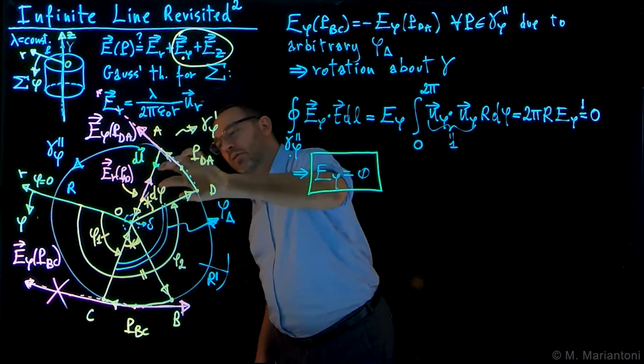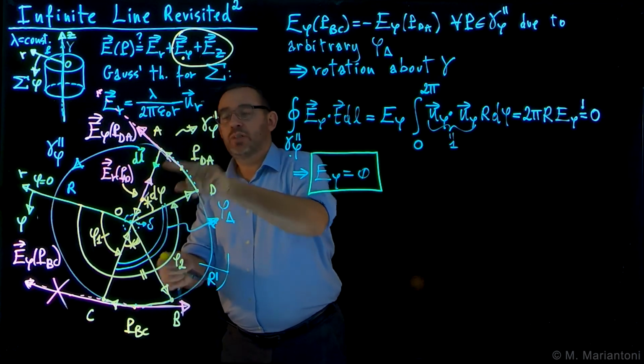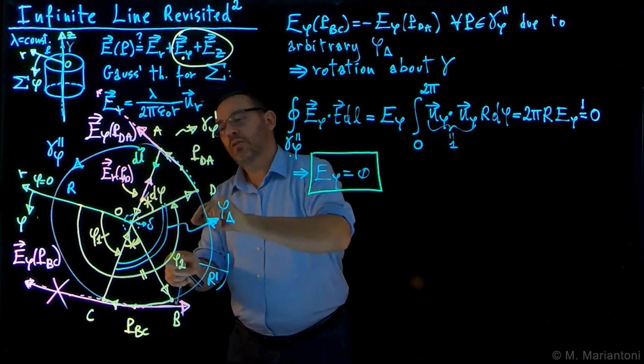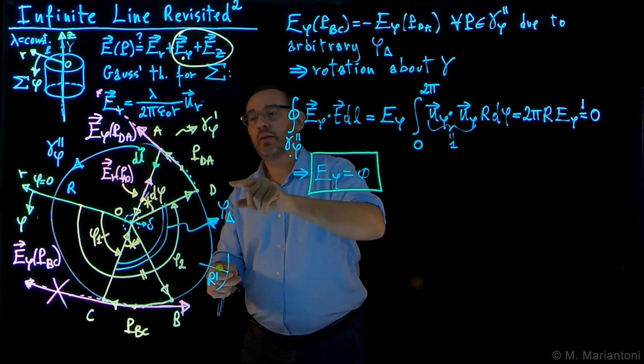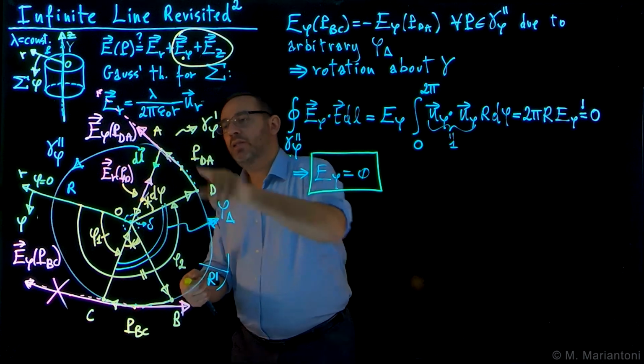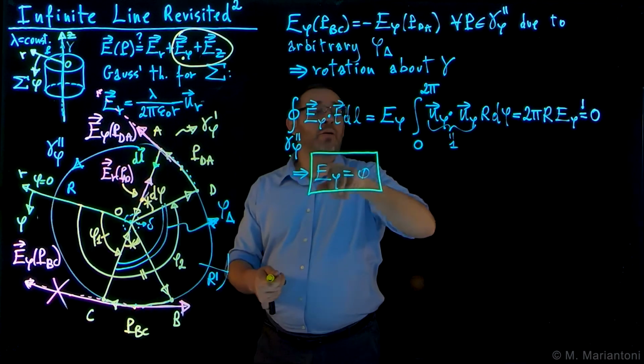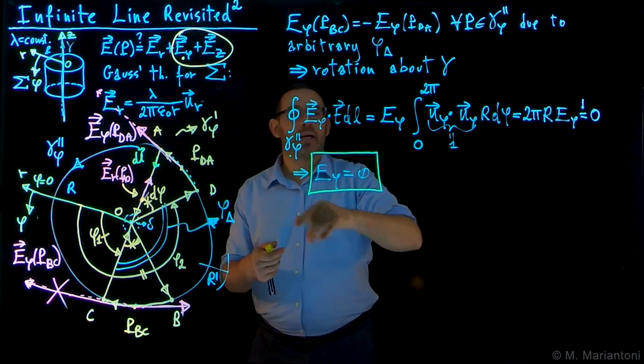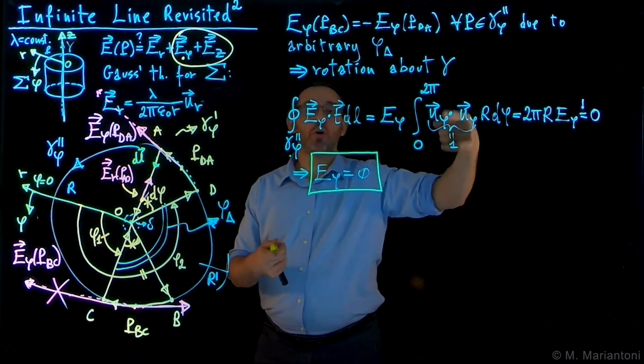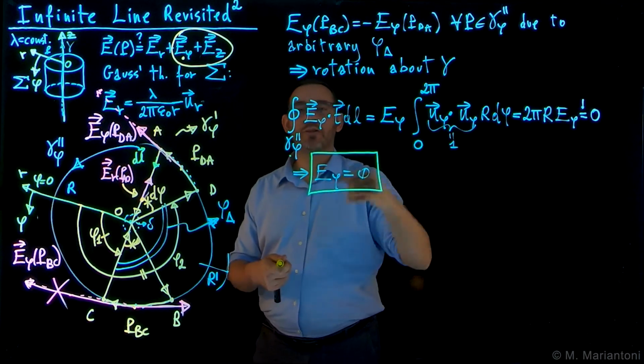One is this line here with the two wedges. We did the circulation of that, including this knowledge, and we found that E_phi has to be the same at each point on this line gamma phi double prime. That knowledge, which recovers the rotation symmetry above the line, we used again with one more rotational property to find that E_phi has to be equal to 0.